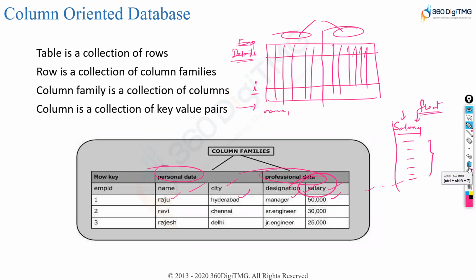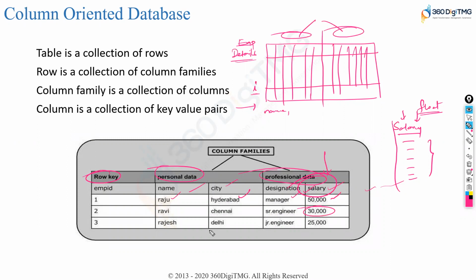All I need to do is have a row key. When you're storing the data or when you're accessing the data, all we need to have is a row key. Row key is like an index, okay? And we go to that specific column and try to access the specific row.